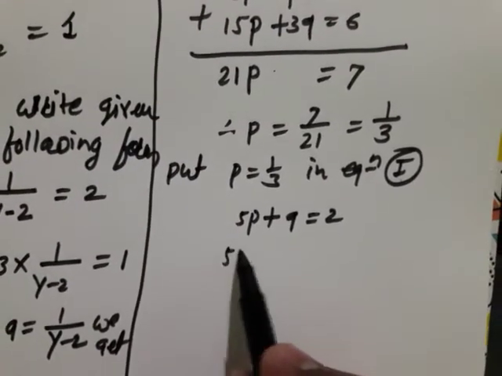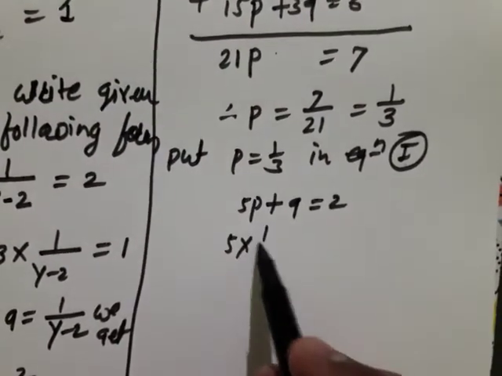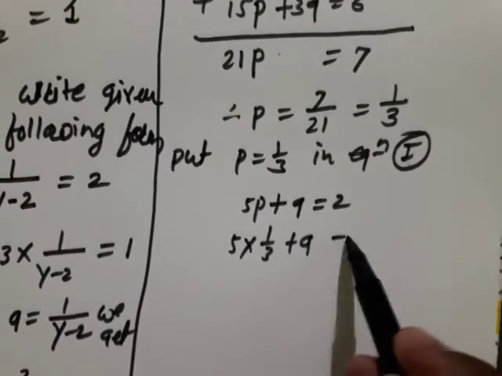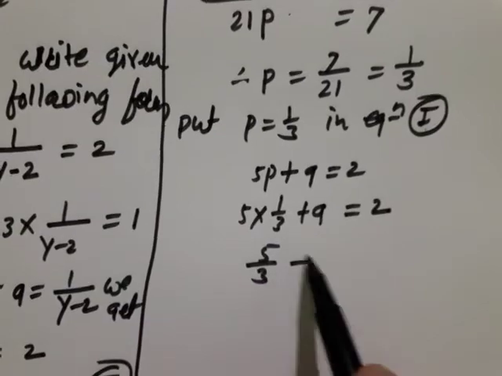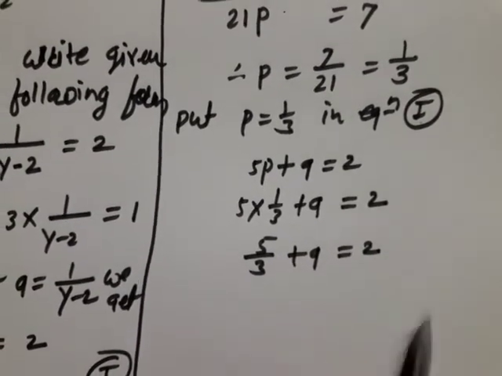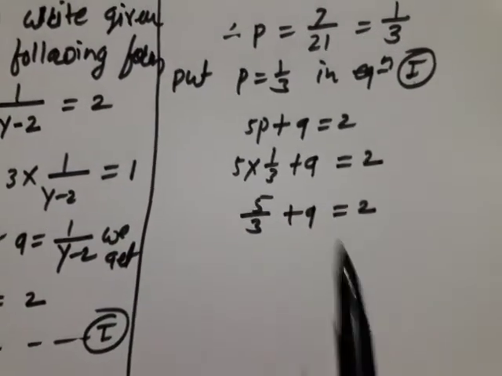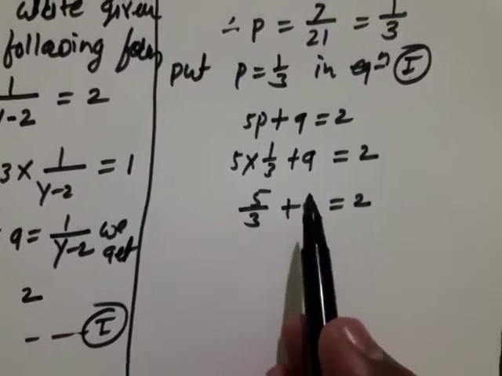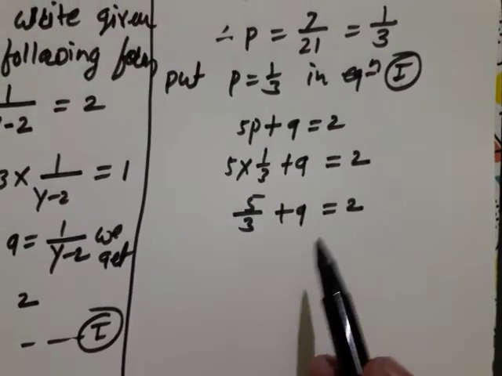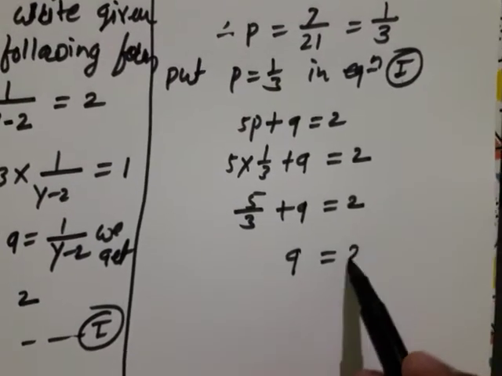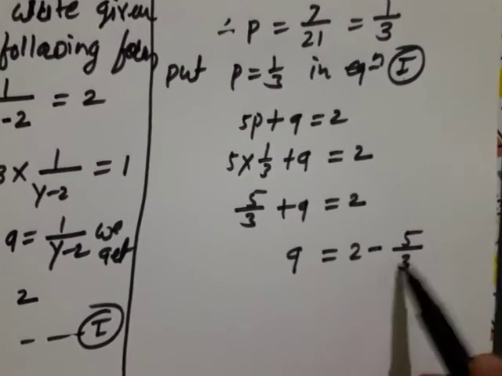What will be the point? Look, 5 into the value of p is what? 1 by 3, plus q is equal to 2. 5 into 1, 5 divided by 3, plus q is equal to 2. Are you getting what I am writing? Now look here. For finding the value of q, we will transfer this 5 upon 3 to the RHS. Q is equal to 2 minus 5 divided by 3.